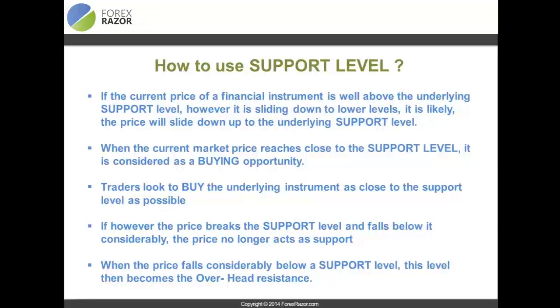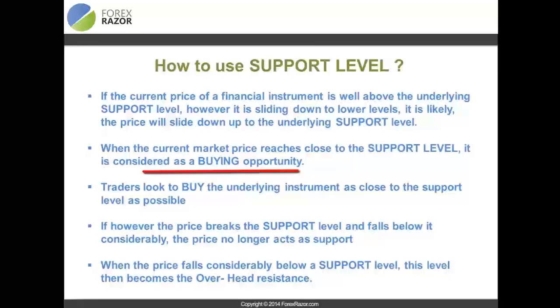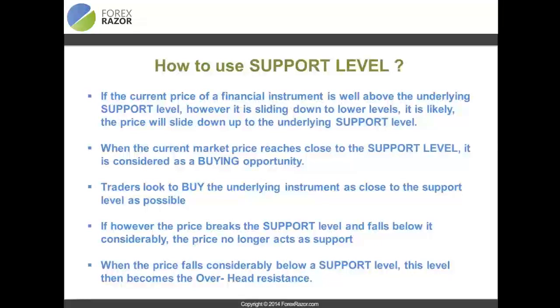When the current market price reaches close to that support level, it is considered as a buying opportunity. Traders look to buy the underlying instrument as close to the support level as possible.